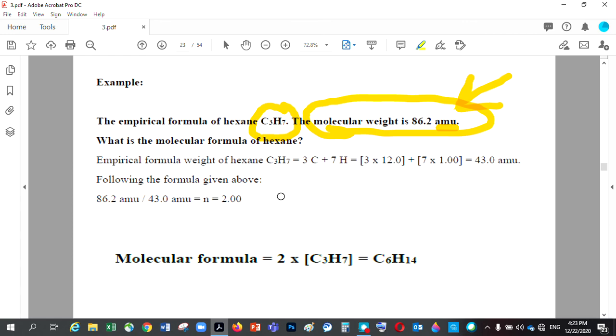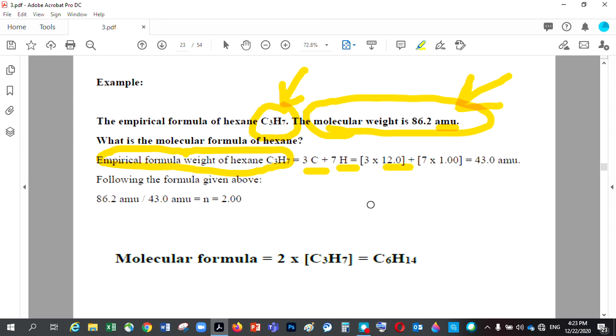So what we will do, we have to get the molar mass of the empirical formula. This is the first step. We have C3H7, that's the empirical formula. What's the molar mass? I have 3 carbon and 7 hydrogen.